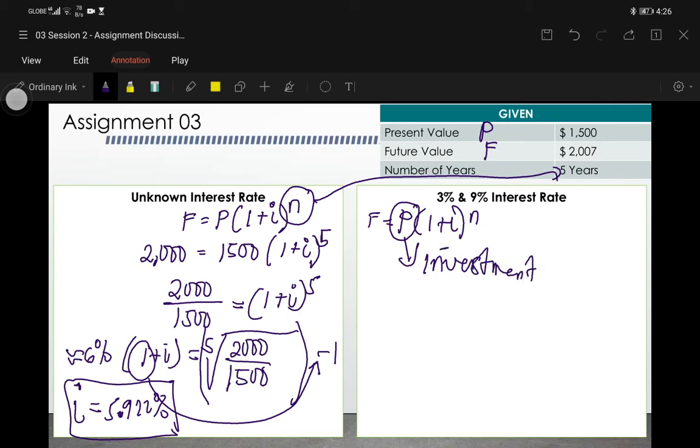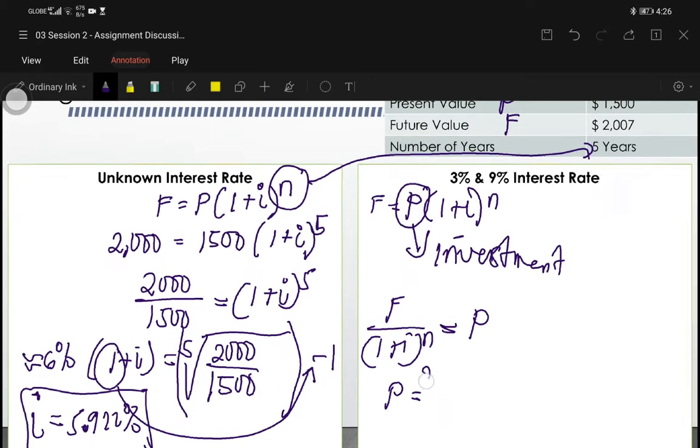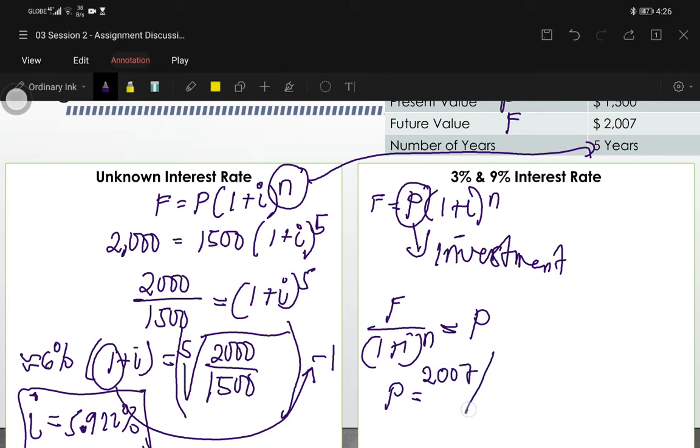Let's try transposing everything. So F over 1 plus I to the power of n is equal to P. So P is equal to F, the future amount 2007, divided by 1.03, that is at 3% per annum.